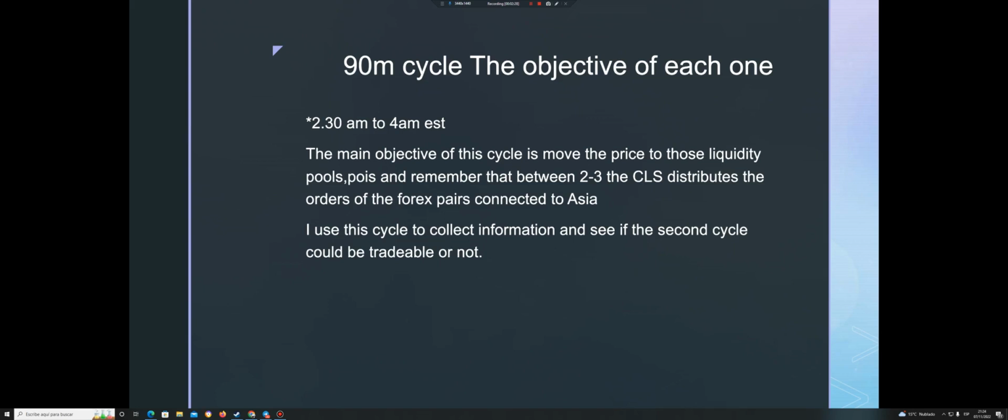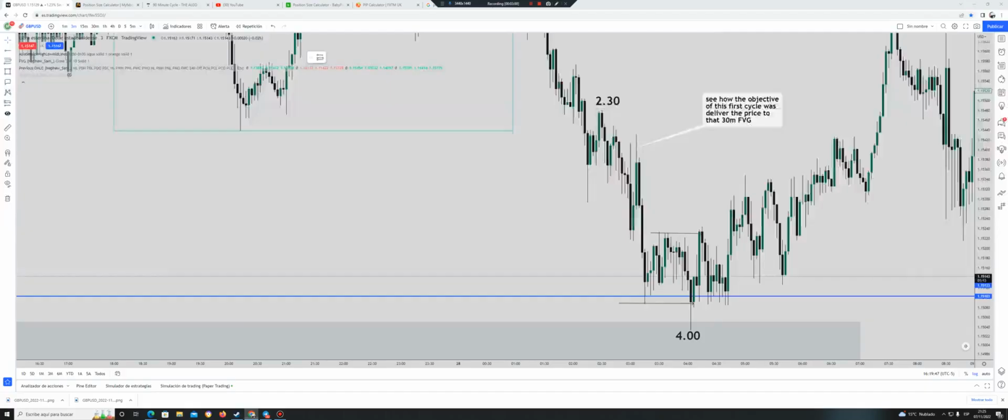So that's why sometimes price takes the Asia high, creating the high of the day, the high of the session, and it just starts coming back. Imagine it takes Asia high, and after that it starts going down, creating the high of the day. So like I said, I use the cycle mostly to collect information and see if the second cycle could be tradable. Why? I'm going to show you now.